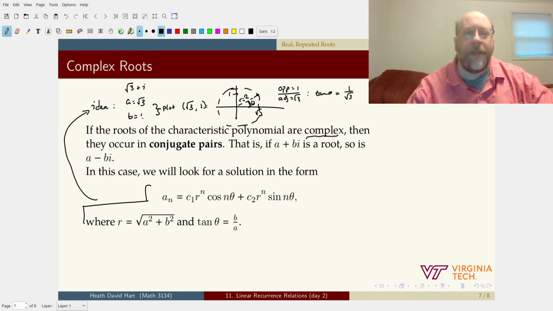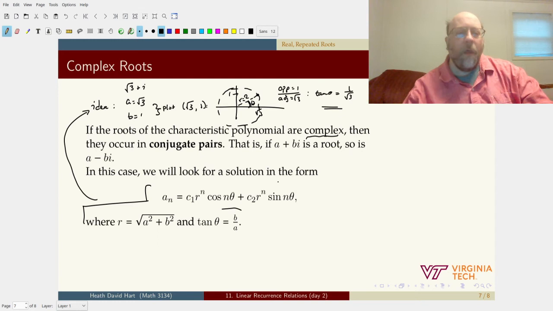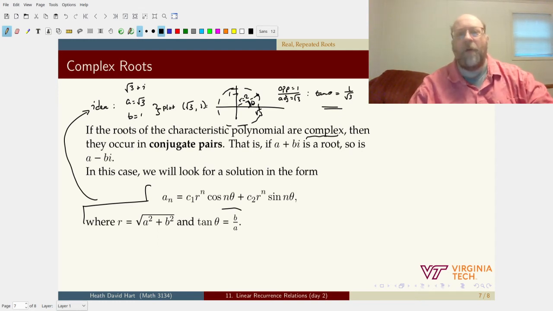And 1 is b and square root of 3 is a. So the tangent of the angle is equal to b over a. And then we can use that to solve for theta. Theta turns out to be 30 degrees or pi over 6.